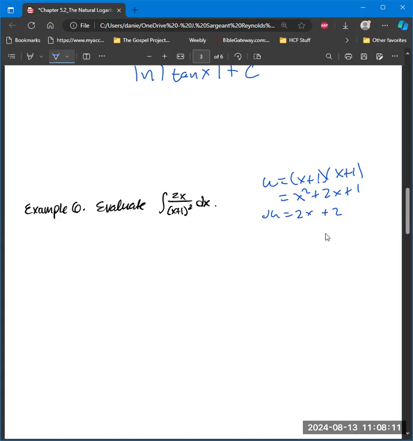Well, I don't see my plus 2, so I'm going to have to add and subtract it. So I have 2x plus 2 over x plus 1 squared dx, and then minus 2 over x plus 1 squared dx, like that.